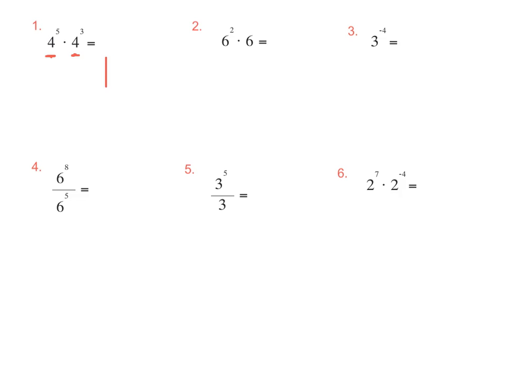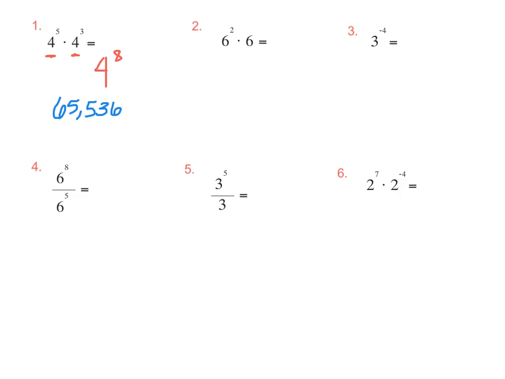So this simplifies down to 4 to the 8th power. And if we were to actually solve that, 4 to the 8th power would be 65,536. Again, that only means I'm doing 4 times 4, 8 times.